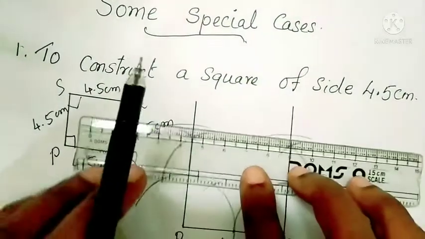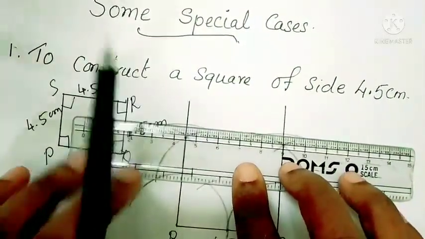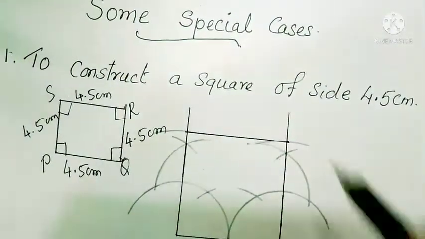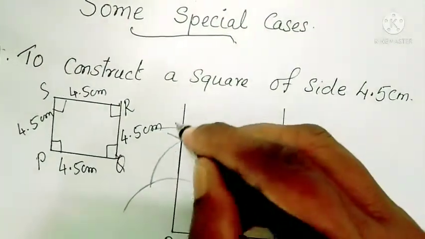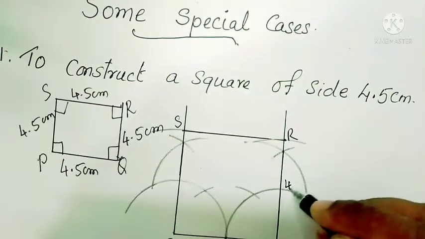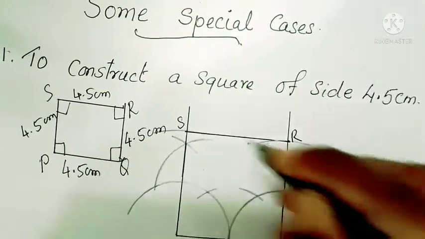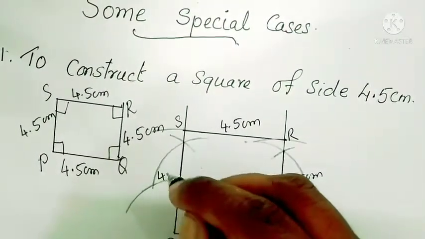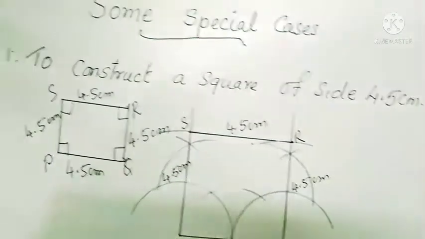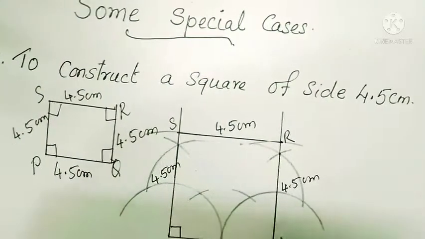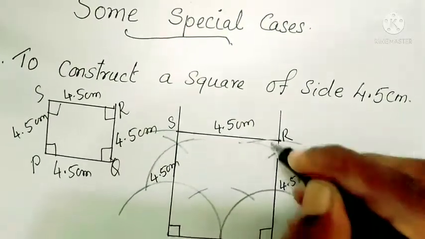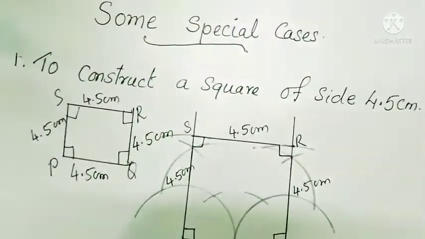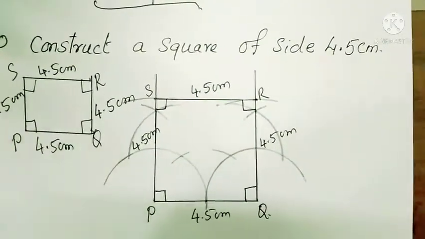Wherever the arc met, join them. So we got PQRS. All the sides are 4.5 centimeter, and all angles are 90 degree. This information is not given in the question, but we have to write it ourselves.